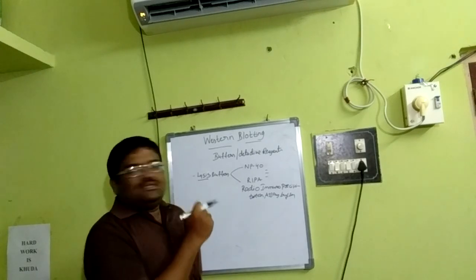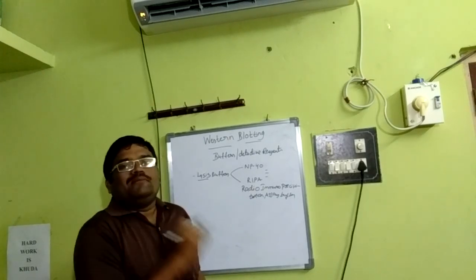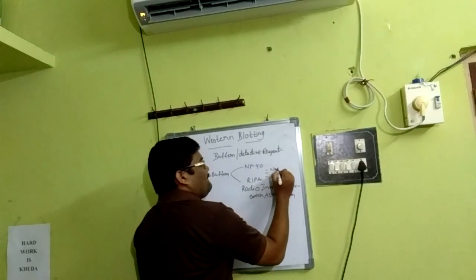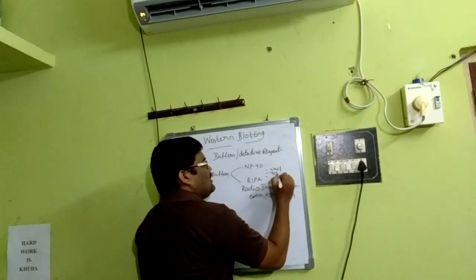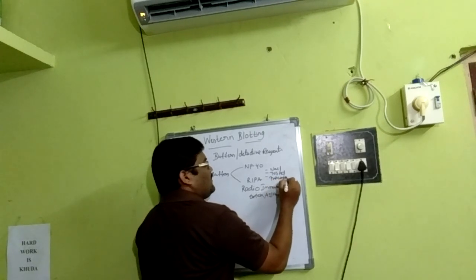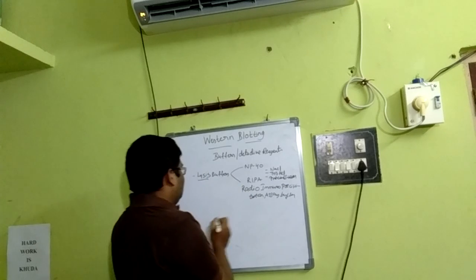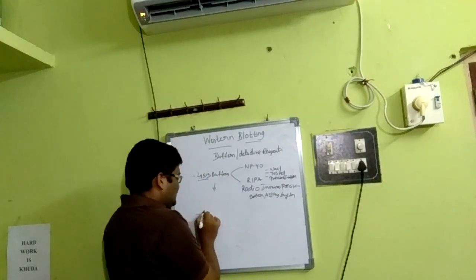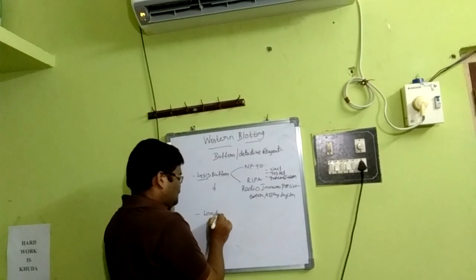The constituents in both of these, NP40 and RIPA, which are important lysis buffers, are say NaCl, Tris HCl, and protease inhibitors. Then followed by, in sequence, we will discuss the loading buffers.